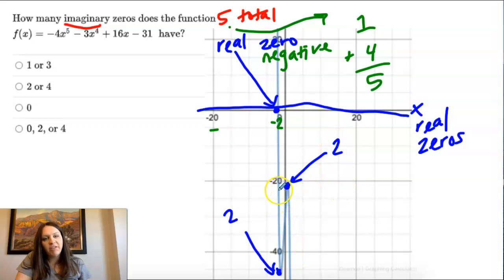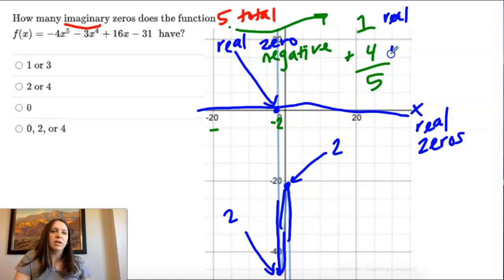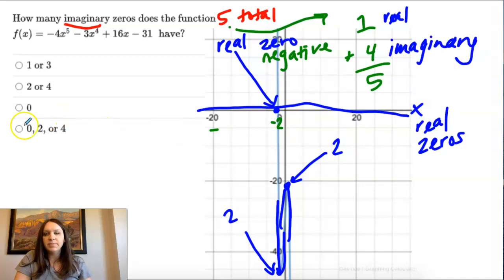Remember when we were graphing with quadratics and they had 2 zeros? So here there's 2, and here there's 2. So we have 1 real and 4 imaginary. Definitely will not have 0.